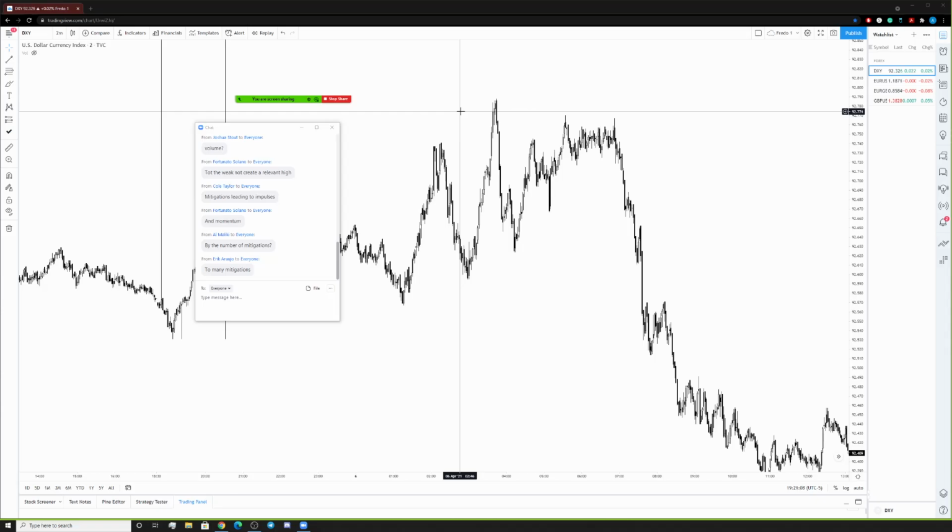But anyways, who wants to annotate the screen? Let's see. Okay, what is too many mitigations? Show me on the chart.